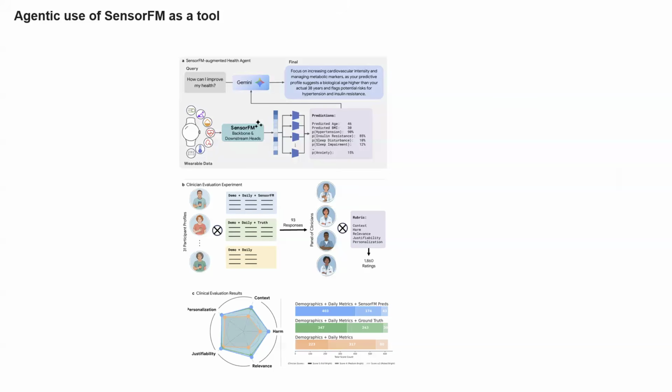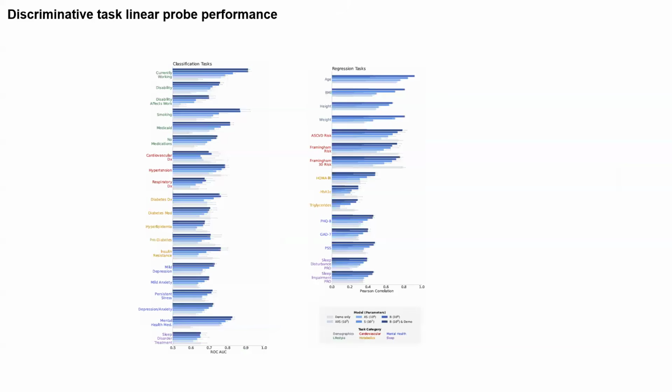Then they evaluated across different parameters. We can see demo only has only the demographic information. Then we have different models with different sets of parameters.